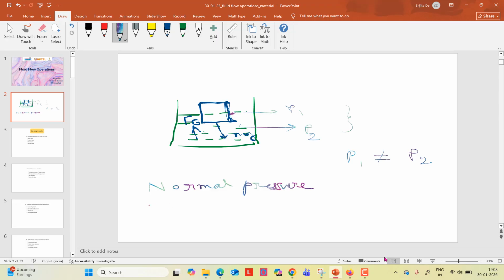Last class we saw shear stress, right? Both are pressure and both have the unit of Pascal. Then what is the difference?